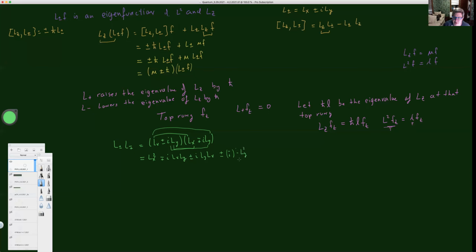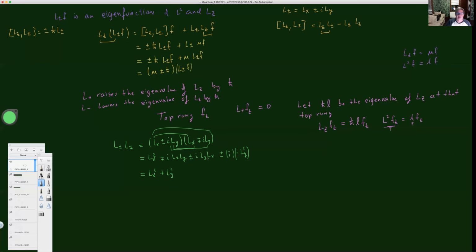And we've got to figure out all the signs here. So let's think it through. So if this is a minus sign, that's going to change this to minus plus, right? And then you're going to have minus times minus is plus, and plus times plus is plus. So this is going to be plus. Okay, let's write it down. Lx squared, and I'm going to bring the Ly squared over here, plus Ly squared.